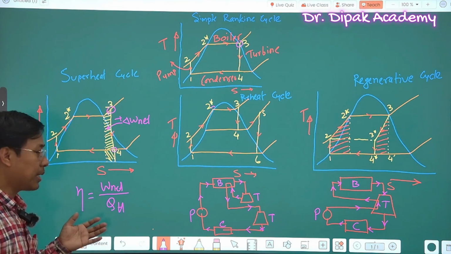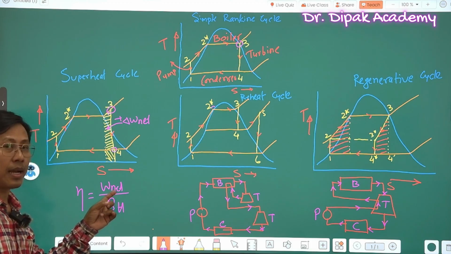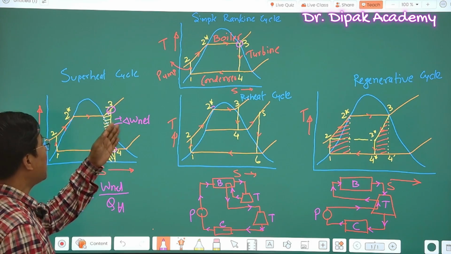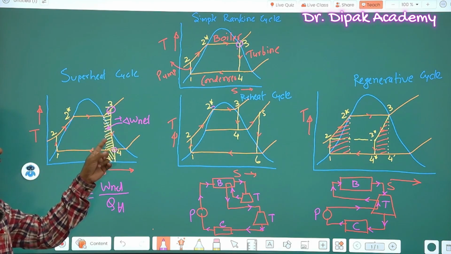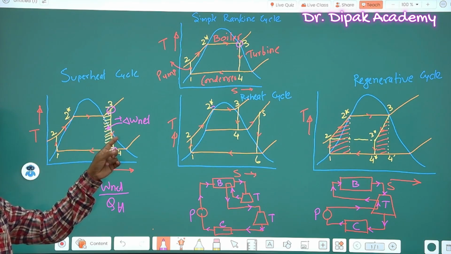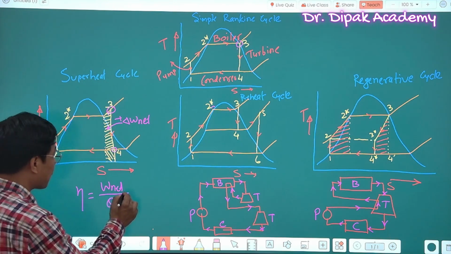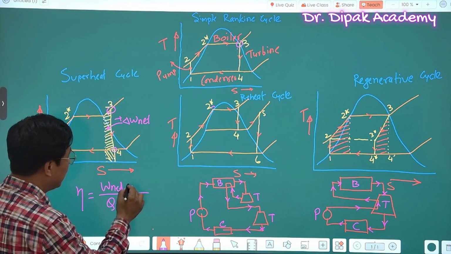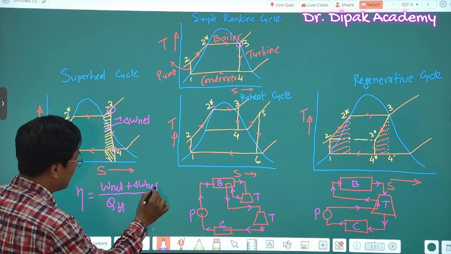So we can find the efficiency by dividing the net work done by the heat addition. From the TS diagram we can see the area under the curve for the work done is higher.